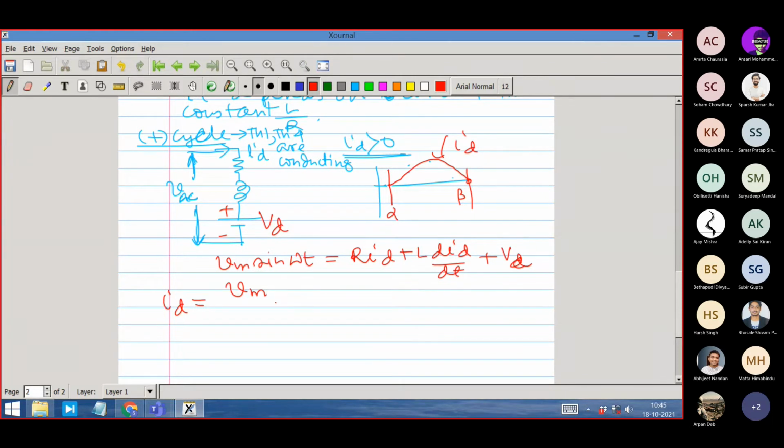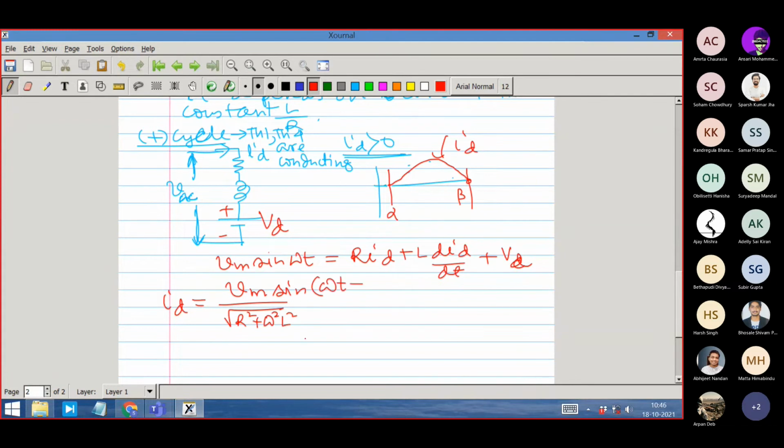So due to Vm sin omega t with the R and L circuit, what will be the steady state current? Vm by Z, where Z is nothing but square root of R square plus omega square L square, into sin of omega t minus what? Phase shift.